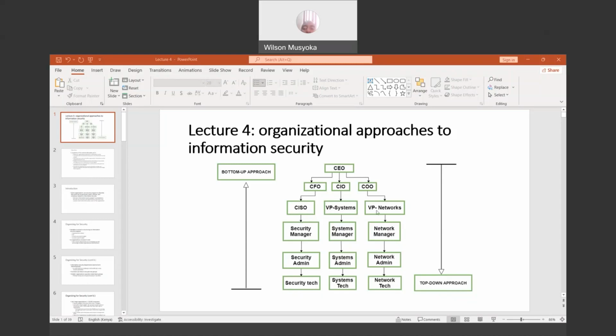Compare that with the approach whereby the top-level managers already know that there could be a problem, and once it is identified, this is how it is going to be cascaded. That is where the smooth information distribution comes in, and it makes it easier for management to work with everybody within the organization.